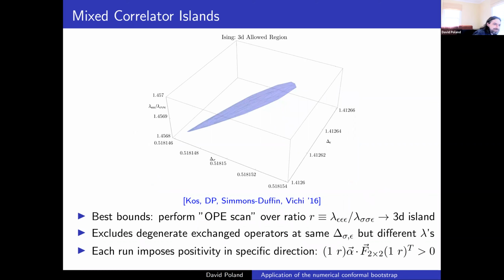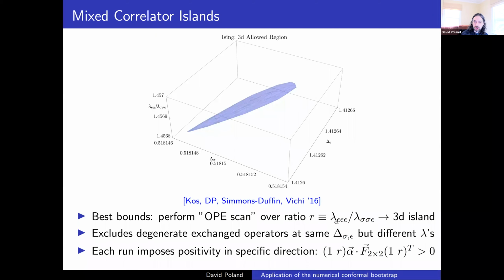So, if you look at the contributions of sigma and epsilon in these crossing relations, they always come along with the OPE coefficients, like the sigma sigma epsilon OPE coefficient and the epsilon epsilon epsilon OPE coefficient. Okay, a priori these are unknown. So it turns out that one thing that's very useful to do is to actually input some value for the relative value of these OPE coefficients.